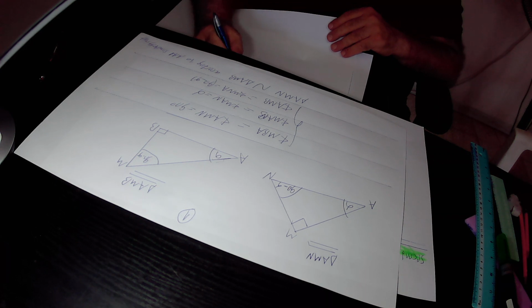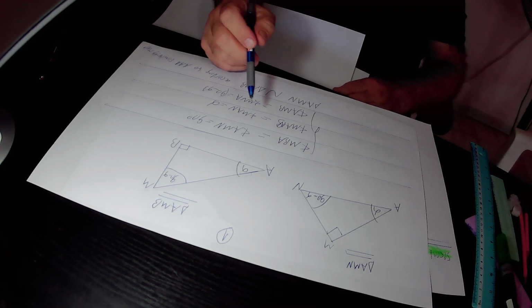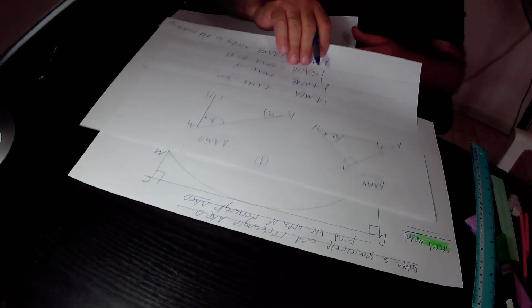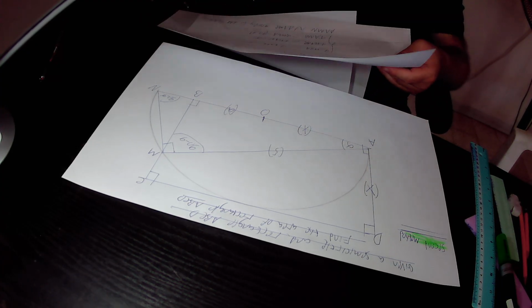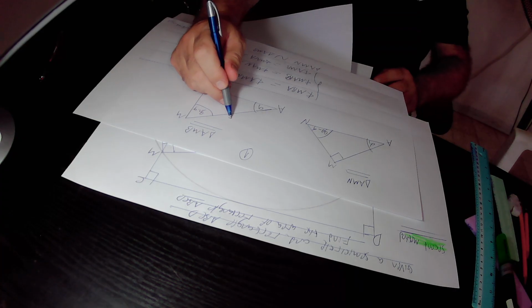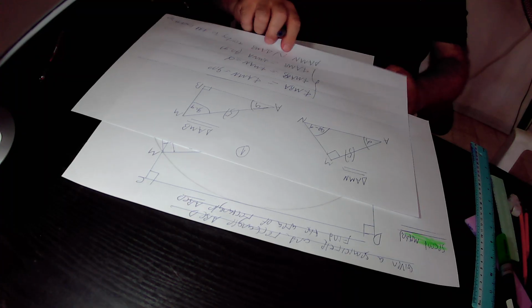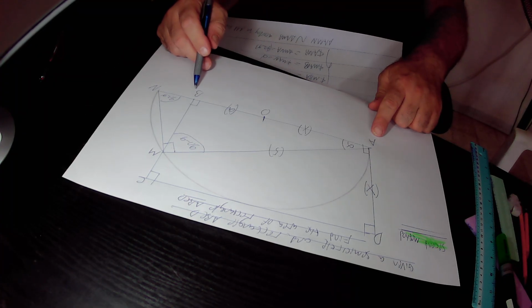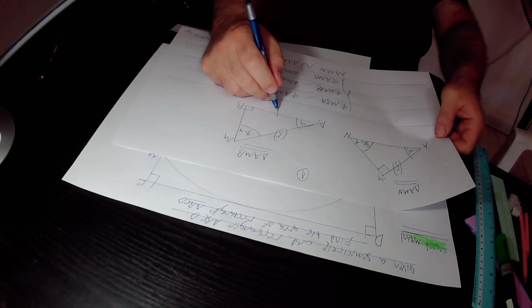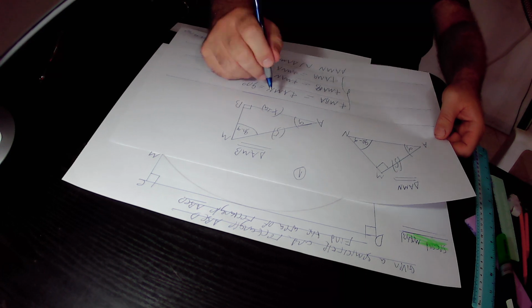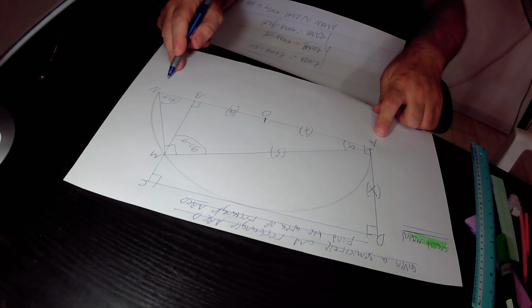Side AM is given in the question: side AM equals 5 units in length. We have already found out that side AB in total equals x plus a. AN is the diameter of the semicircle.